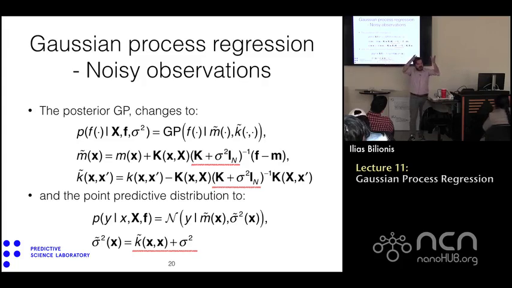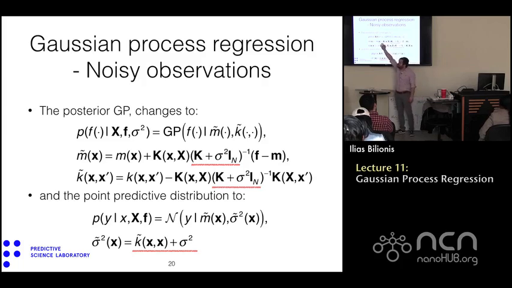You add a likelihood model that models the measurement process, with some Gaussian noise, and then you combine the two with noisy observational data using Bayes rule, and you get a posterior Gaussian process. And the posterior Gaussian process has this mean and that covariance function.